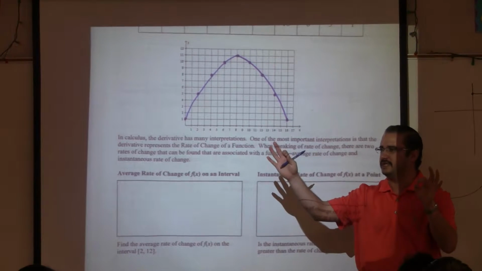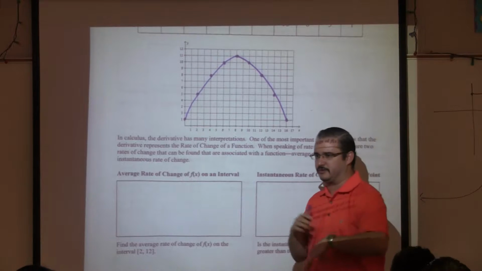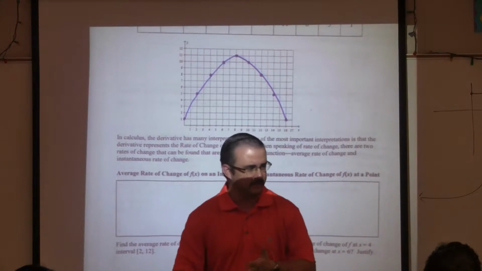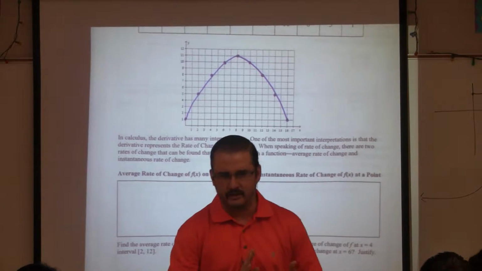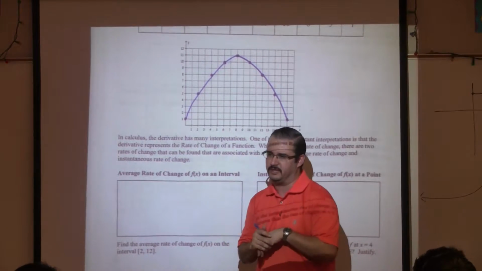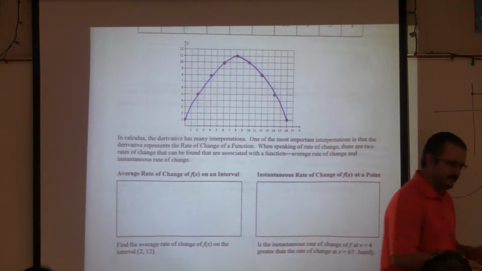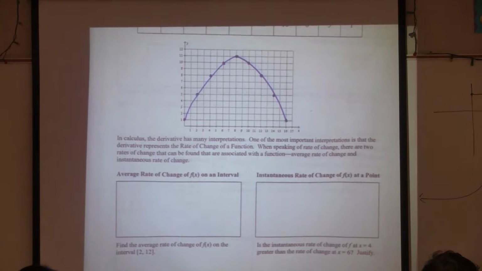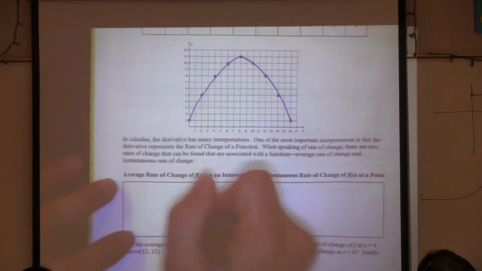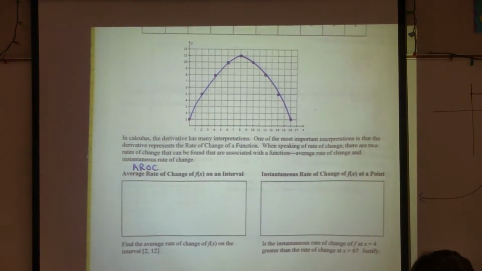So I'm given 2 points and I'm finding the slope between them. That's the slope that you've worked with since 8th grade, Algebra 1, Geometry, Algebra 2, Pre-Cal, the basic slope formula: y2 minus y1 over x2 minus x1. I use a little acronym and just say A-Rock for average rate of change.